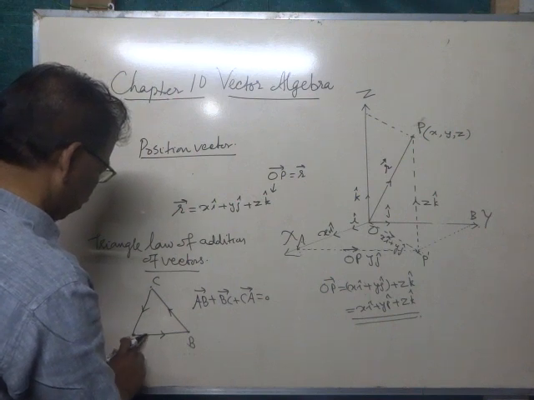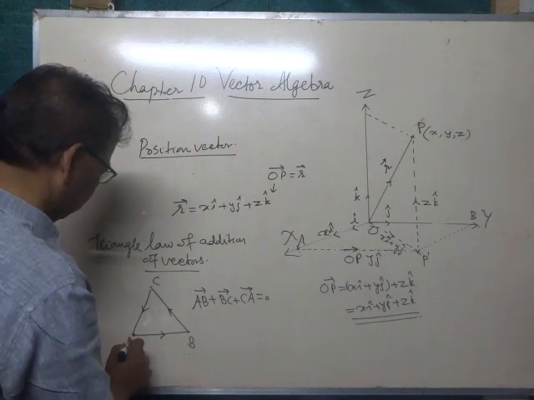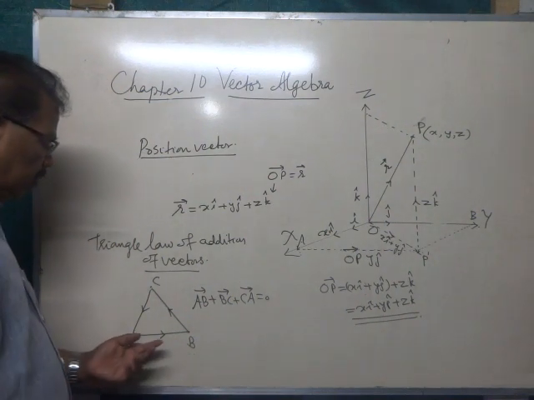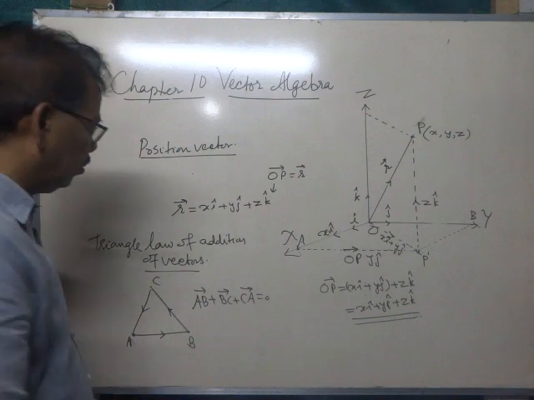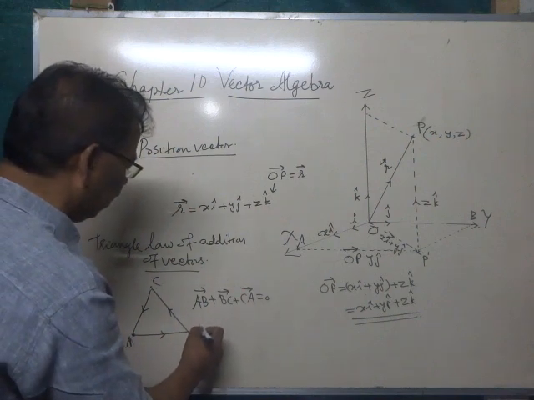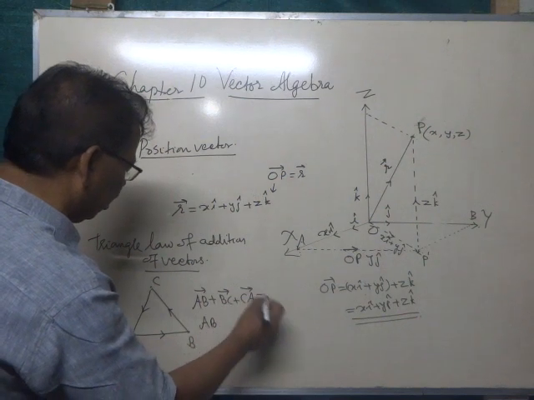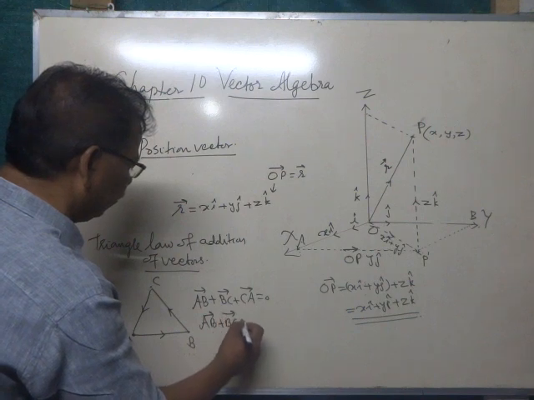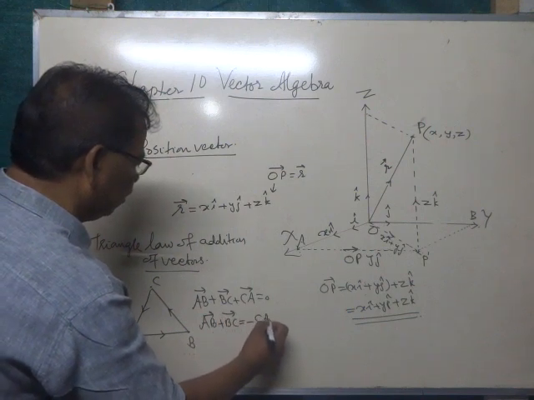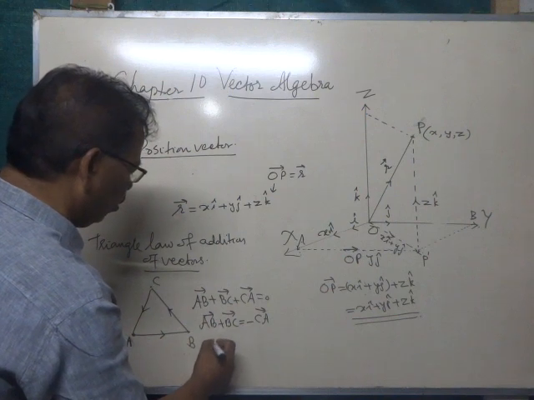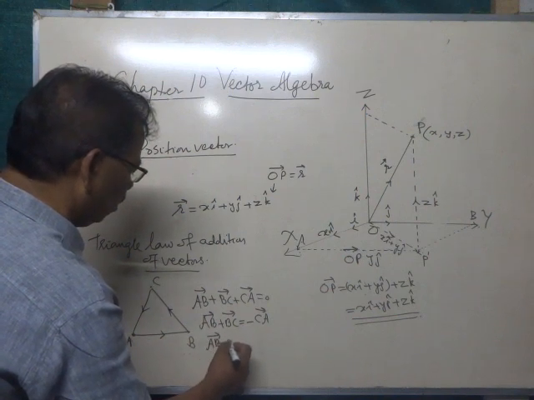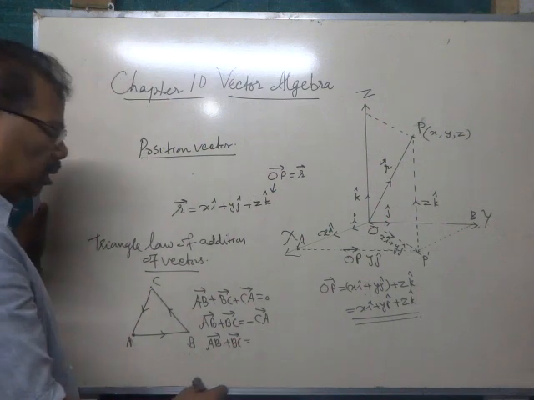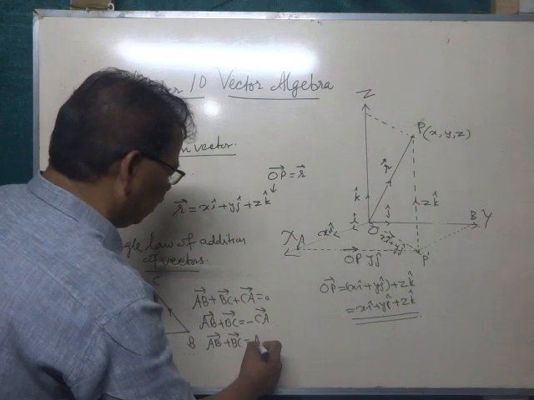I told you net displacement is 0 because that point object has come back to A itself, therefore displacement is 0. Then if we take CA to the right side, AB plus BC is equal to negative CA, and this negative CA will be equal to vector AC.